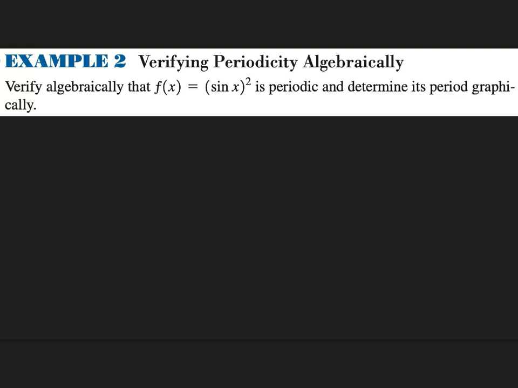Okay, so let's prove this algebraically. The sine of x, not x squared, but the sine of x, the whole thing squared. So we know that the period of the sine is 2 pi. So the sine of x plus 2 pi equals the sine of x, because it's periodic at 2 pi.